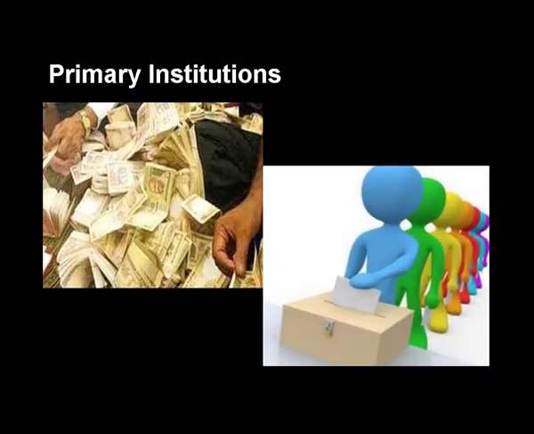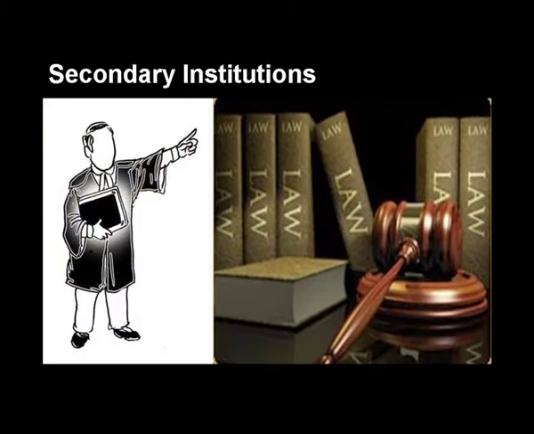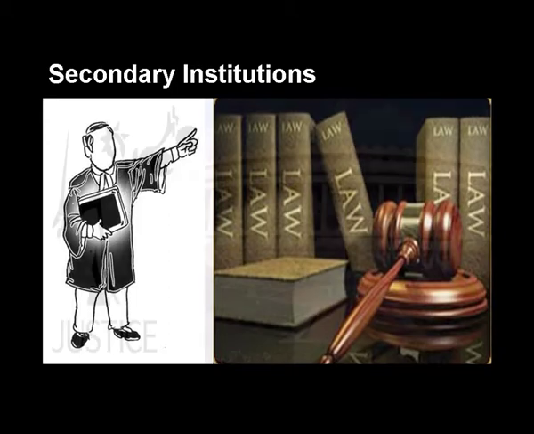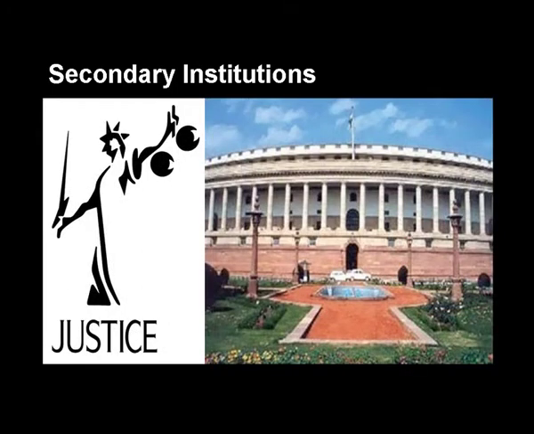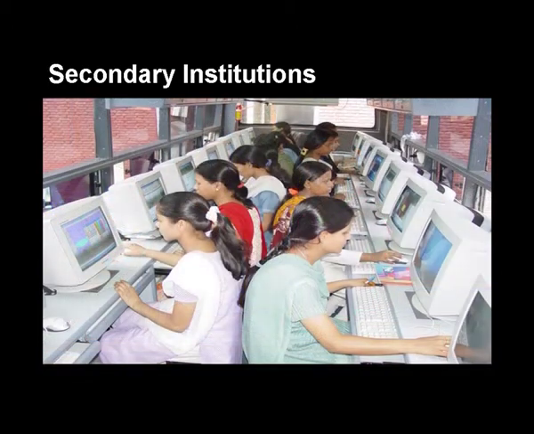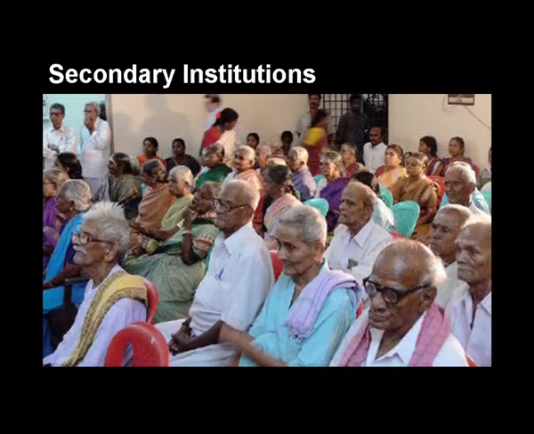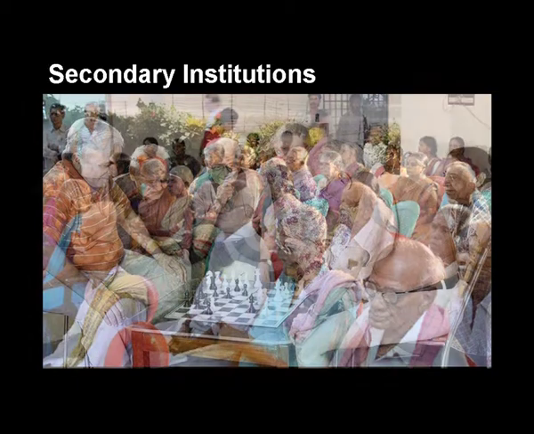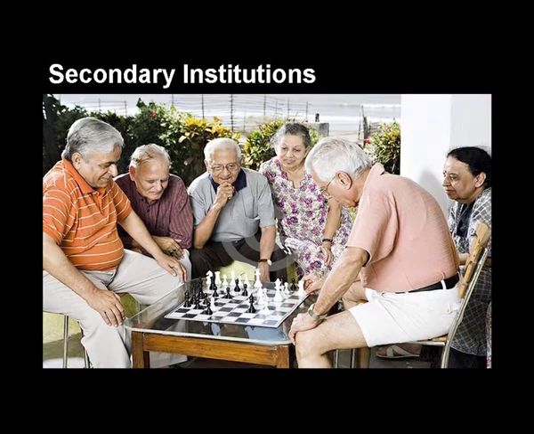These institutions are found even in the primitive societies. The secondary institutions have emerged to satisfy the secondary needs of the people when the society grew and became complex. For example, law, legislation, education, old age homes and other such new institutions. They are introduced to the social life as man's interests are diversified.